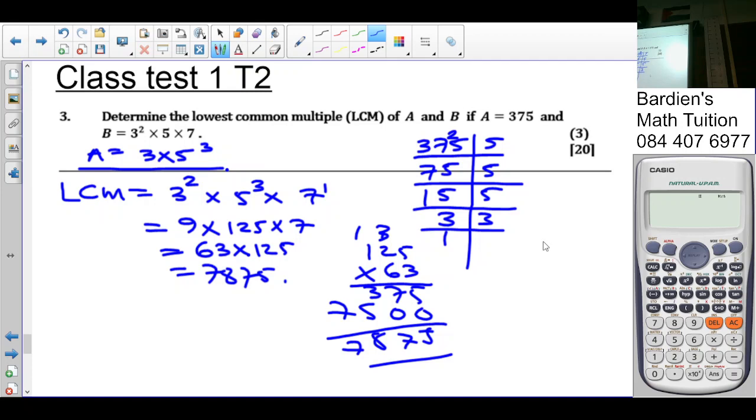Will you guys understand? Again, for the lowest common multiple, you consider all bases and you take the highest exponent.